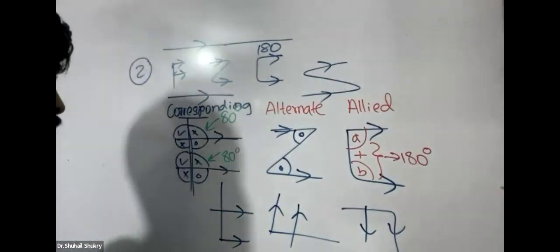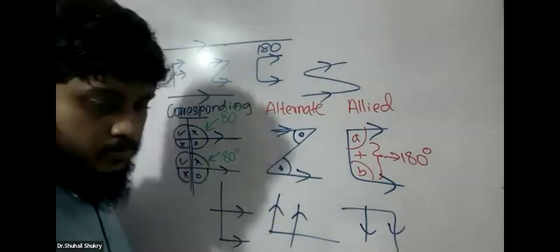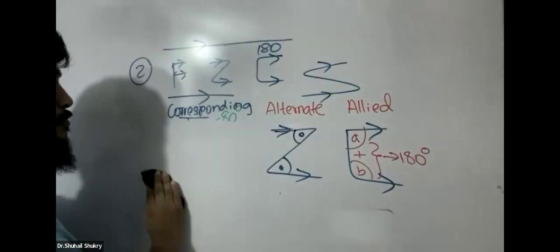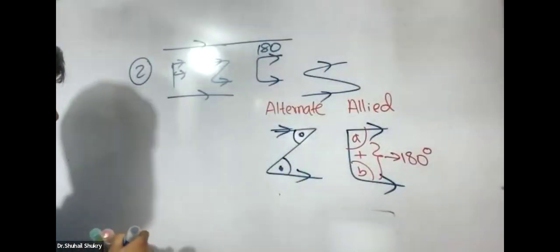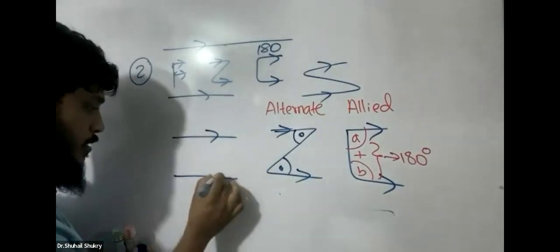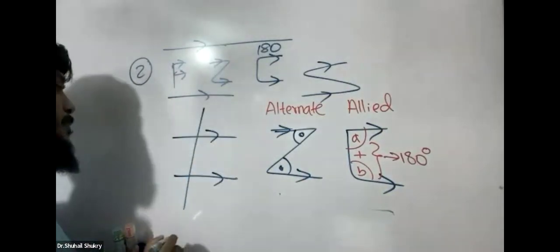Corresponding angles mean, Puta, it's like this F shape. If you take an F shape, for example, we'll say these two are parallel lines, and then a line crosses them like this.